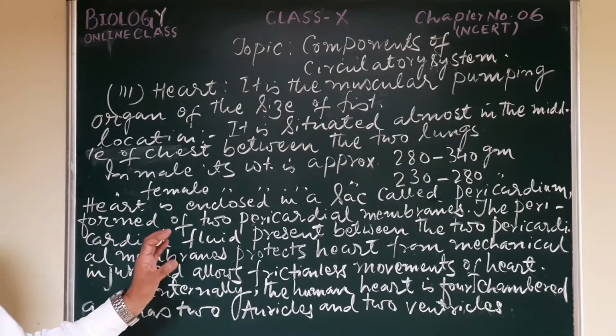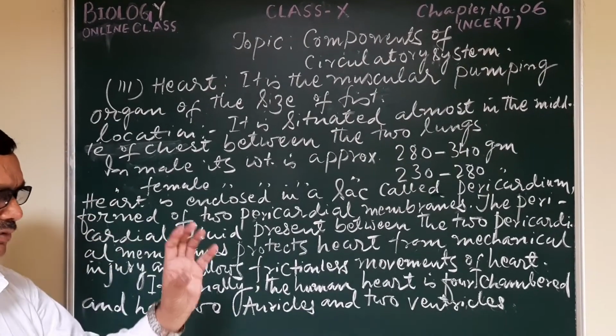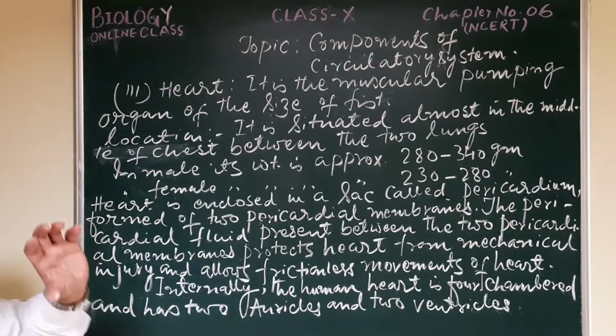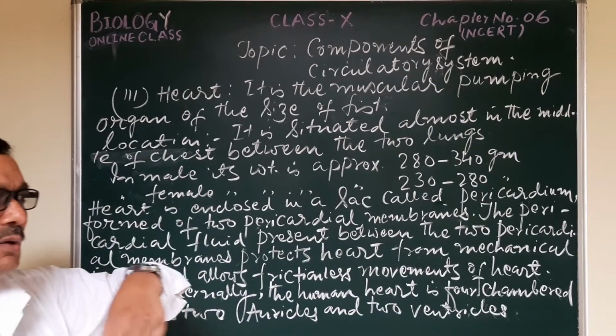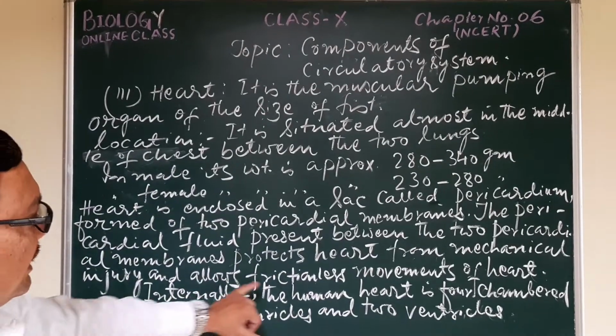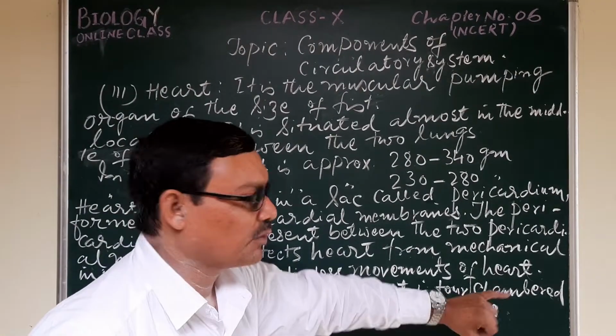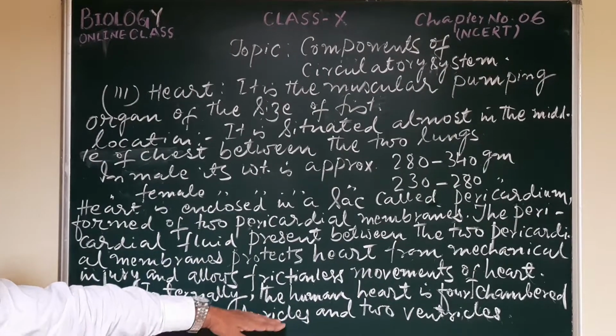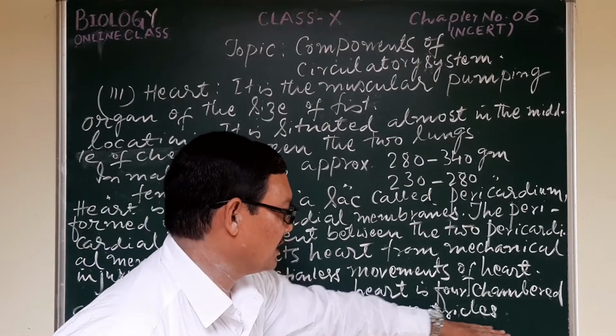Internally, according to our syllabus, we require how the blood will circulate through the heart. Internally, the human heart is four-chambered. The upper chambers are known as the auricles, two chambers, and the lower chambers are known as the ventricles.